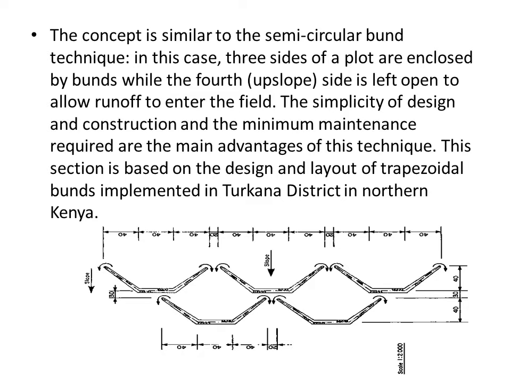The simplicity of design and construction and the minimum maintenance required are the main advantages of this technique. This section is based on the design and layout of a trapezoidal bund implemented in Turkana district in northern Kenya.